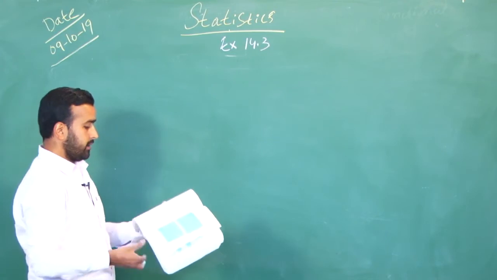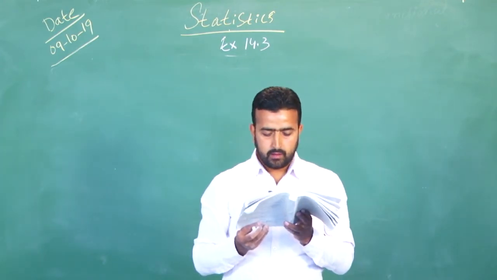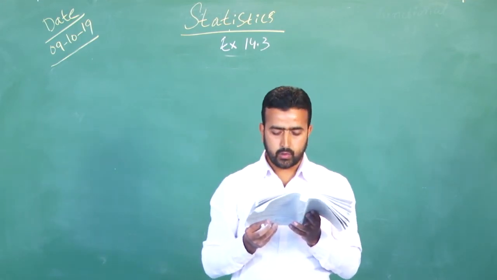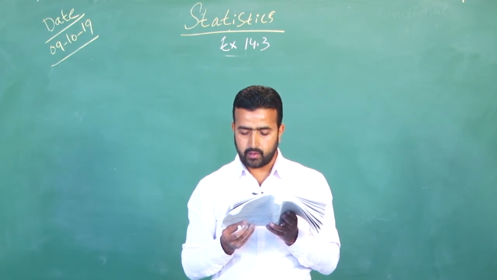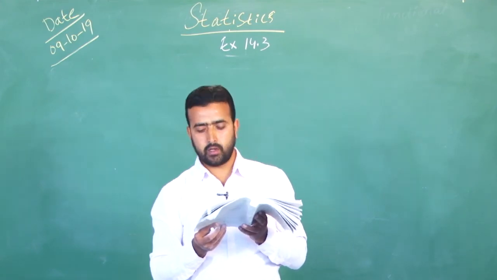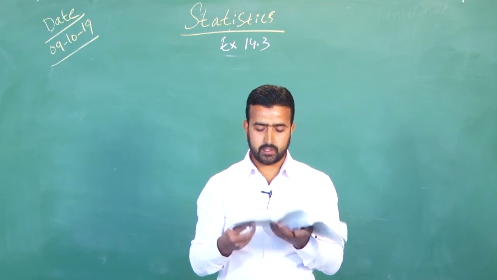that is question number 3 of the textbook. The question goes like this: a life insurance agent found the following data for the distribution of ages of 100 policy holders. Calculate the median age if policies are given only to persons having age 18 years onwards but less than 60 years.